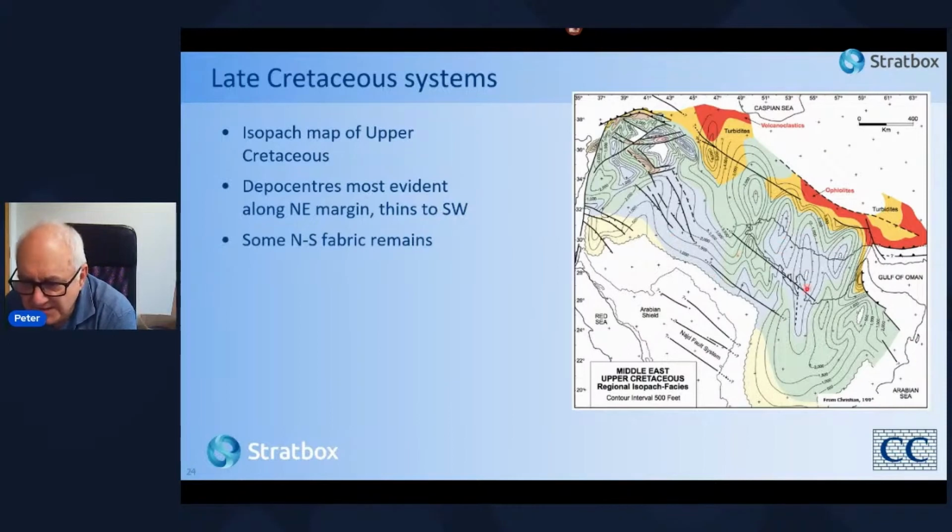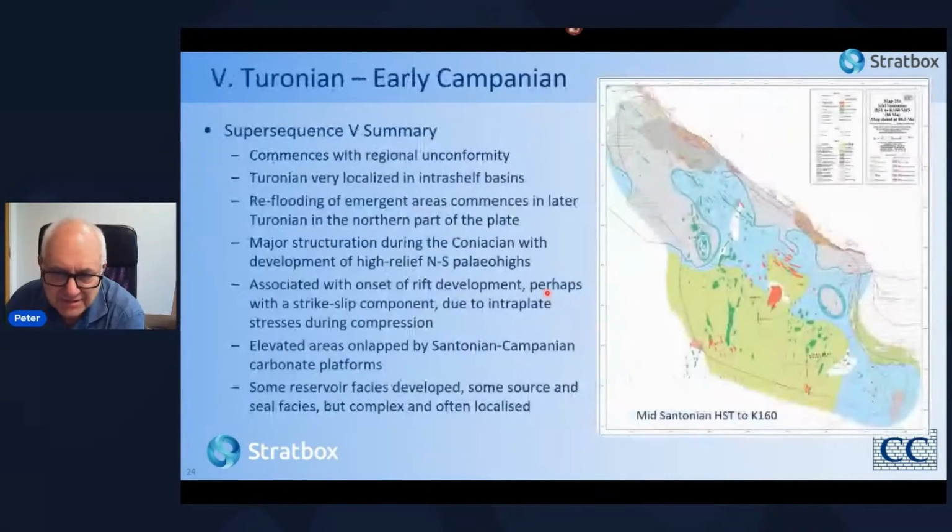We can see that some of the north-south structural grain remains: the Doha Arch, Gawa, and the Burgan High. These all remain as controls on differential subsidence and sedimentation during the late Cretaceous.